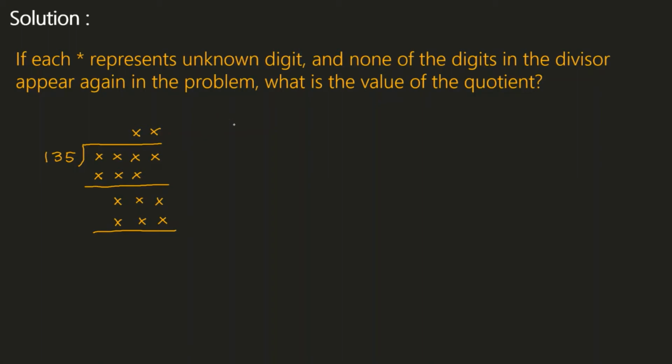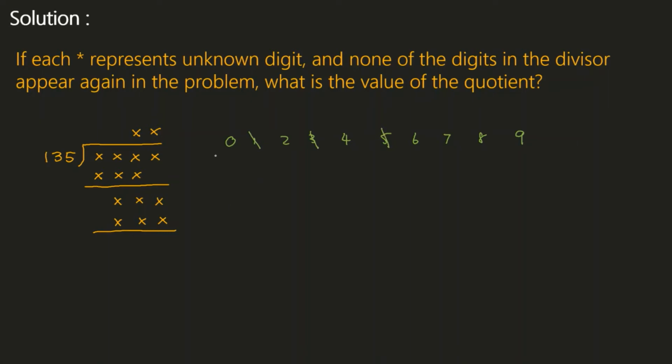So let's list out all of our digits first. 0, 1, 2, 3, 4, 5, 6, 7, 8, and 9. Okay. Now let's take a look at this first digit in the quotient. We know that the first digit of the quotient cannot be any number in the divisor. So 1, 3, and 5 are immediately eliminated.